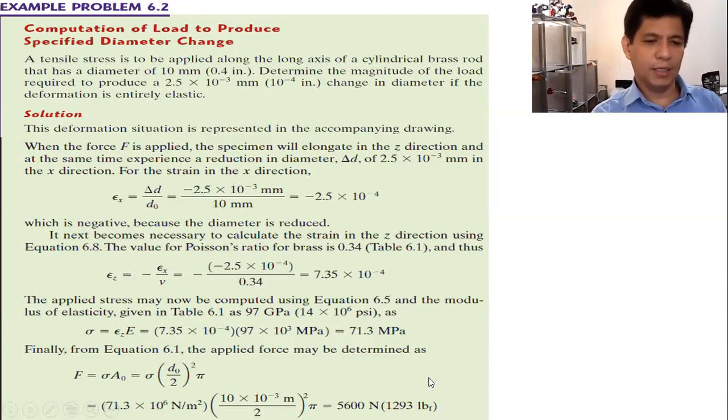Finally, 71.3 times 10 to the 6, times the square of 10 to the minus 3 over 2, times pi.